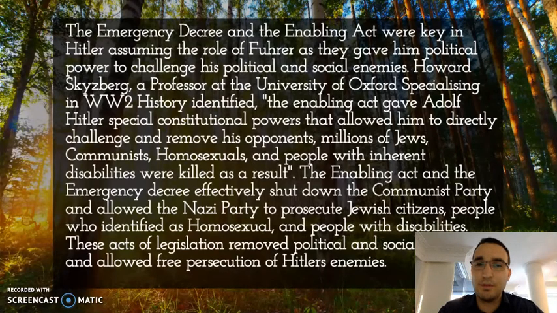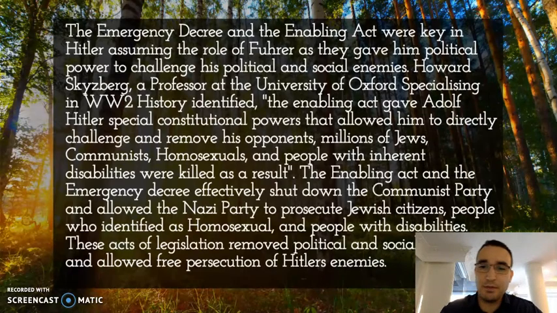Millions of Jews, communists, homosexuals, and people with inherent disabilities were killed as a result. The Enabling Act and the Emergency Decree effectively shut down the Communist Party and allowed the Nazi Party to prosecute Jewish citizens, people who identified as homosexual, and people with disabilities. These acts of legislation removed political and social opponents and allowed free persecution of Hitler's enemies.